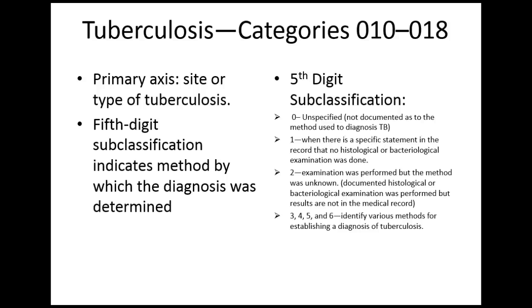It is not documented as to the method used to diagnose TB. 1 is when there's a specific statement in the record that no histological or bacteriological exam was done. 2, the exam was performed, but the method is unknown, meaning a histological or bacteriological exam was documented as performed, but the results are not within the record. And then 3, 4, 5, and 6 identify various other methods for establishing the tuberculosis diagnosis.